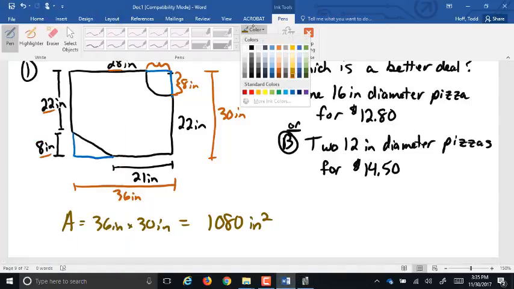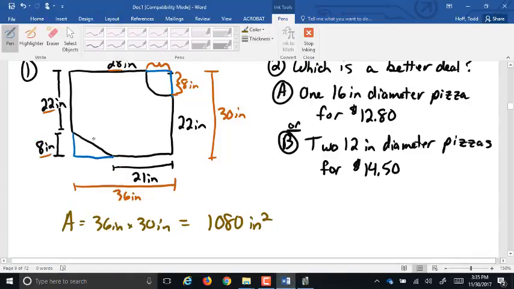Now we need to subtract out the missing pieces. We have this triangle here that is 8 inches by, what's this dimension here have to be? Well, 36 minus 21 leaves us with 15 inches.